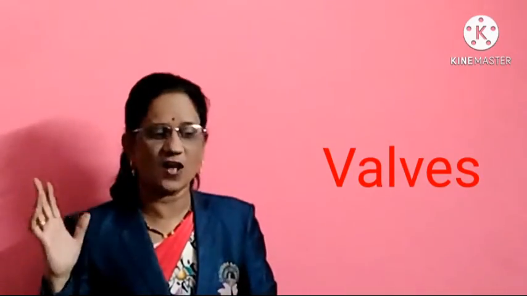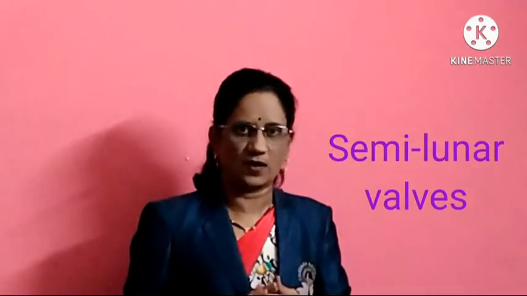The flow of blood from the ventricles into these two arteries is also guarded and regulated by valves, and these valves resemble, look like, a half moon. That's why they are called semilunar valves.